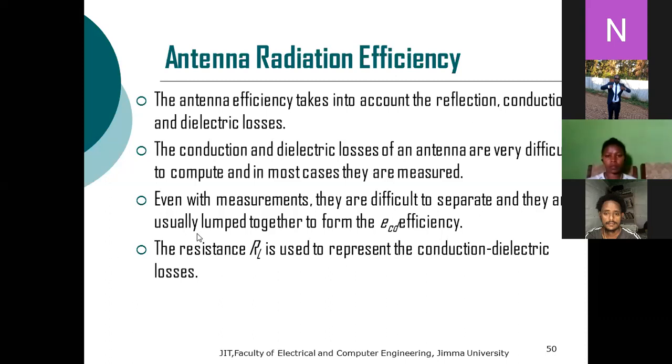So we know that we use RL. This is just generally to represent the conduction and dielectric loss. That means the loss which comes due to the conduction and dielectric element. So we represent this loss by capital RL.